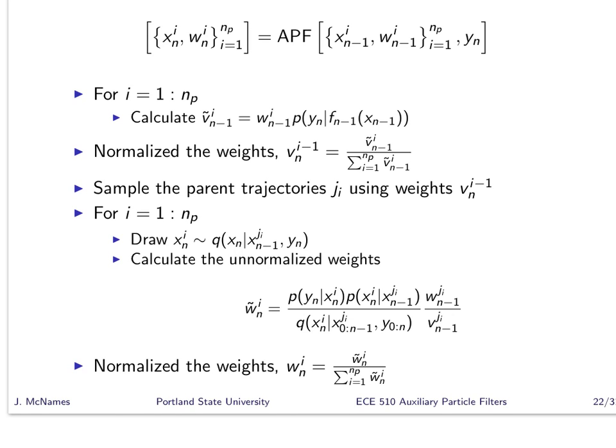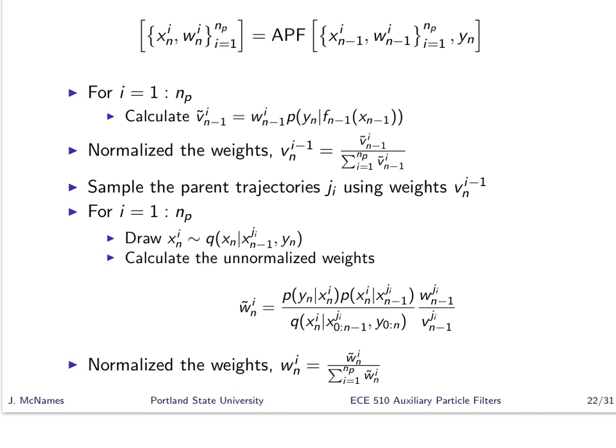Sorry, what's j_i? Like, draw x_n from... It should just be x_i, n minus 1, I think. Just i, right? I don't think so. So the idea is that when you're doing the sampling, the pre-sampling with these weights, what j_i is, you're getting a different set of parents than what we had before.